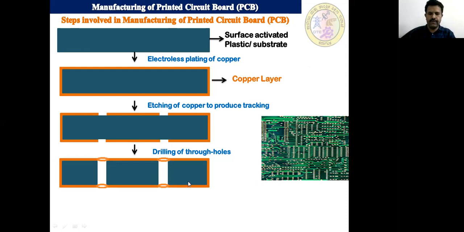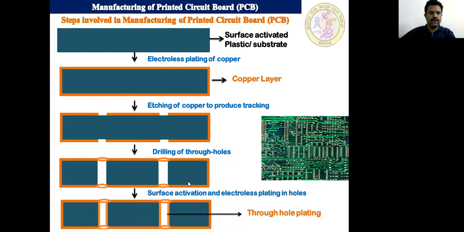So again, in the next step, the surface activation and electroless plating inside the holes, they will conduct. And finally, you can compare here, there is no copper layer, and in the final stage, there is a copper layer. It is deposited inside the hole also. Now you can observe the circuit is closed.